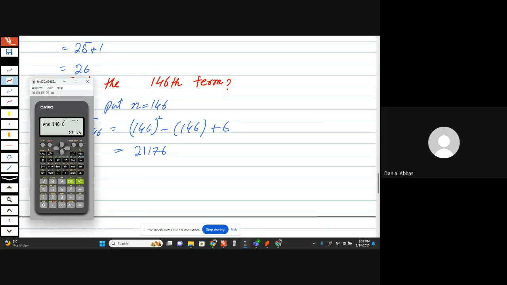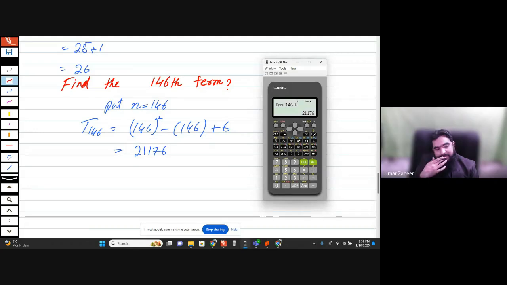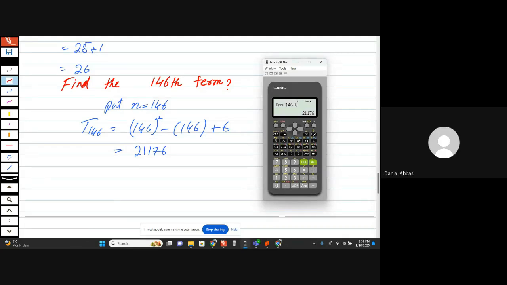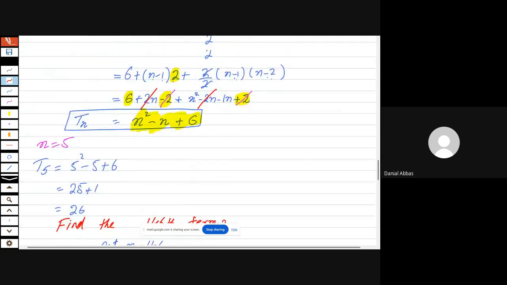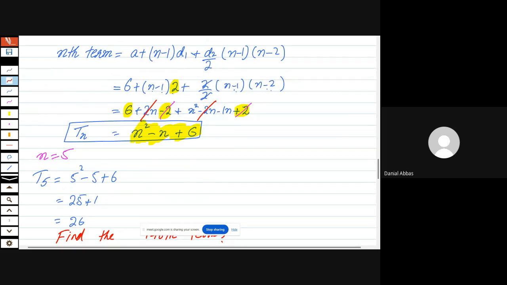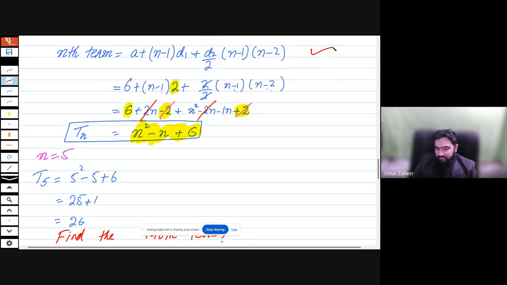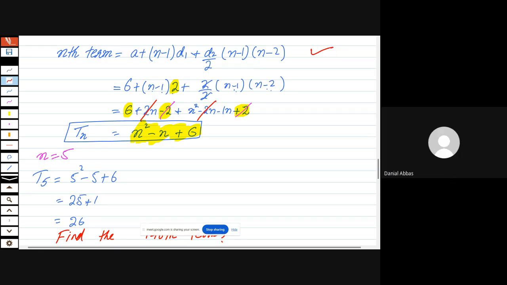I used the basic original one, the one you told us: a plus n minus one times d plus d2 by 2 times n minus one times n minus two. Yes, this one at the top.